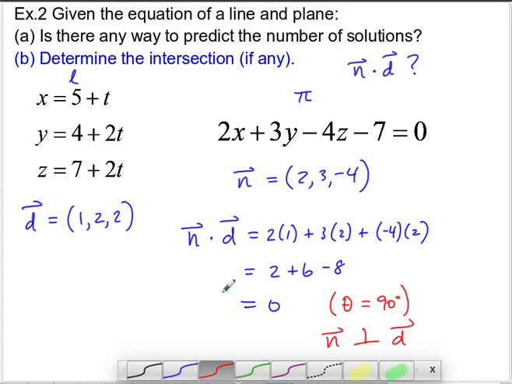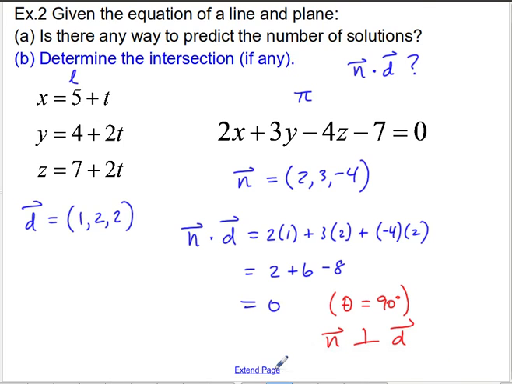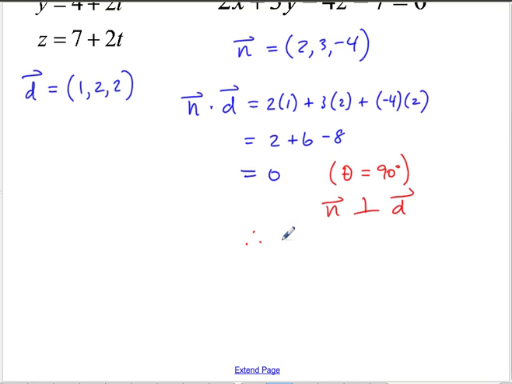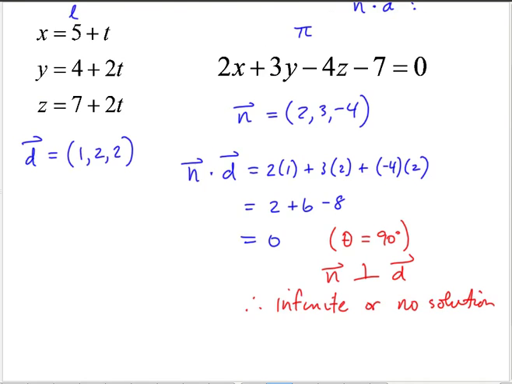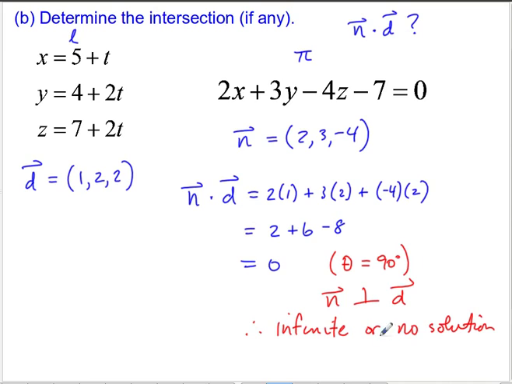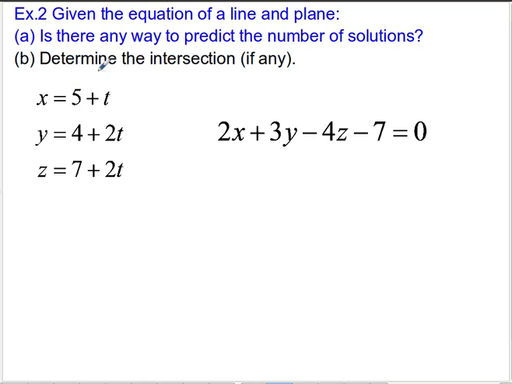Can we predict the number of solutions? We've predicted it as well as we can, so it's either infinite or no solution, but we can't go any further without going deeper into the algebra. So that's the prediction. Then we actually try to determine the intersection. How do we do that?